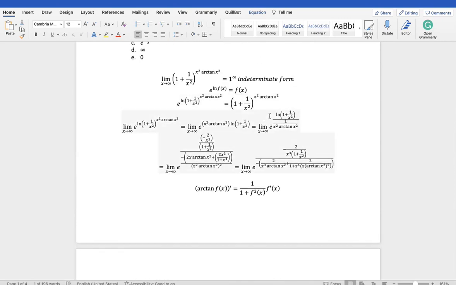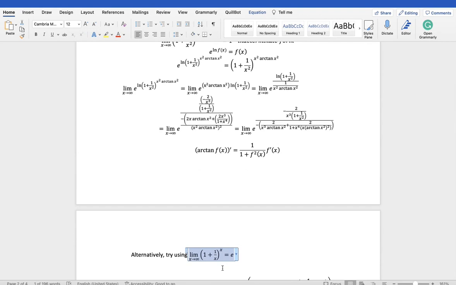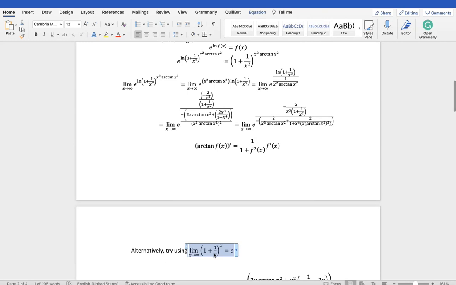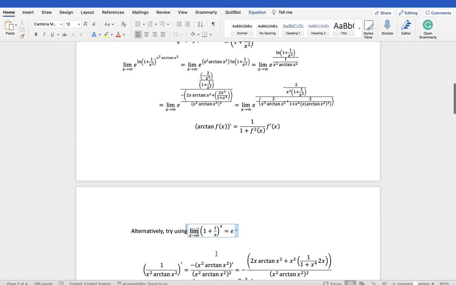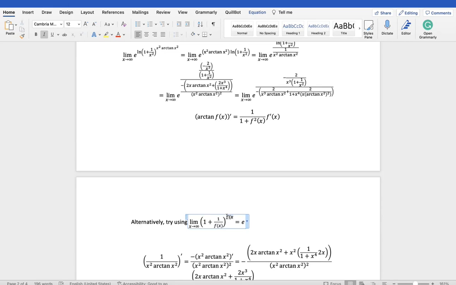So in your question here, you have that... but basically you can generalize this expression, right? The limit as x tends to infinity of 1 plus 1 over some function f of x, to the exponent of f of x, is equal to e.